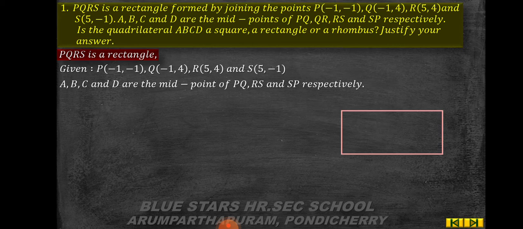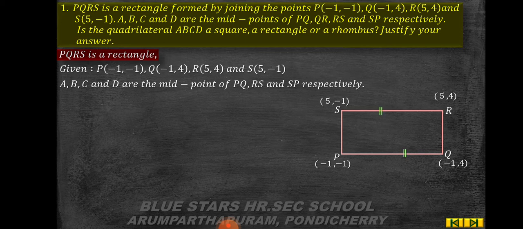So now we draw one rectangle and mark the vertices of the rectangle as P, Q, R and S. So the P coordinate is minus 1 comma minus 1 and Q coordinate is minus 1 comma 4, R coordinate is 5 comma 4 and S is 5 comma minus 1.